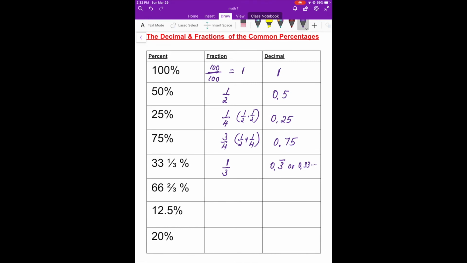And 66 and 2/3% is actually 2/3, and it is 0.6 repeats, or 0.666, it just repeats.